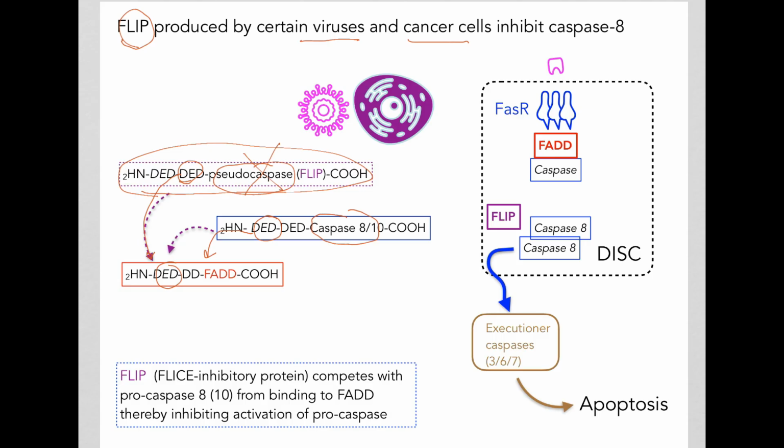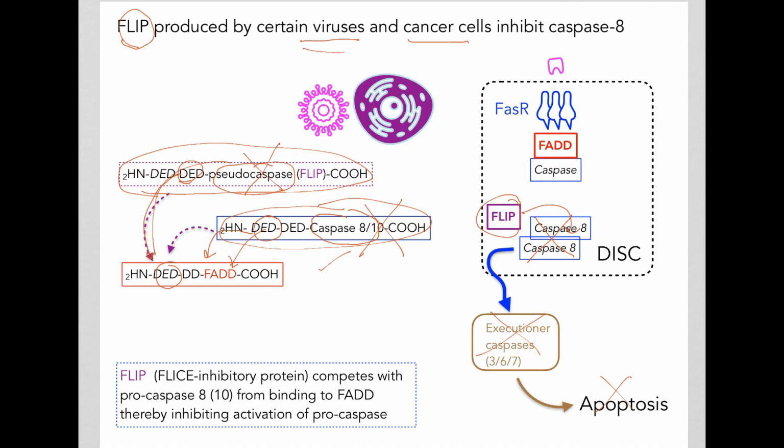Okay, so they simply bind and they prevent caspase-8 from binding FADD and becoming activated. So basically what they are doing is inhibiting caspase-8. So by FLIPs inhibiting caspase-8 through this competitive inhibition, these executioner caspases are not activated and apoptosis doesn't happen.